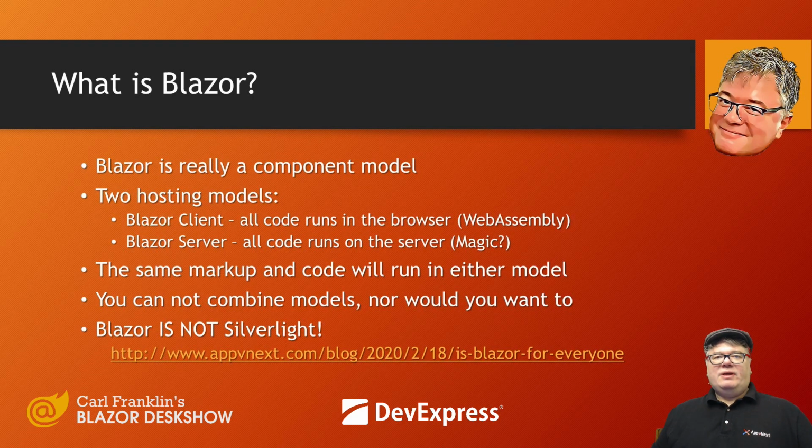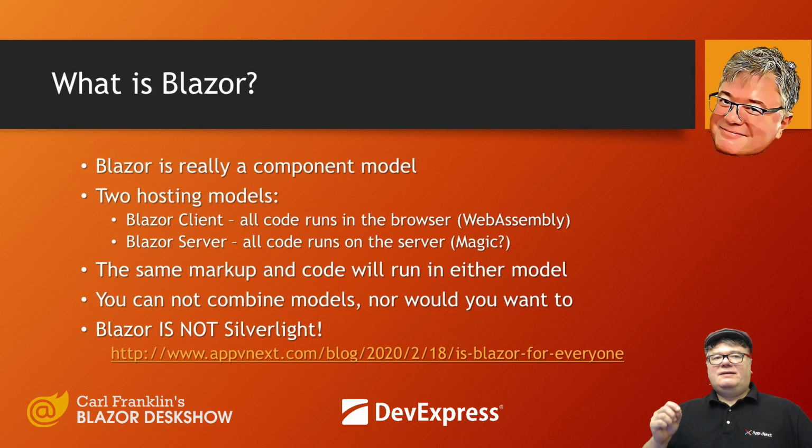And so that same markup, HTML markup with C# code, can run in one of two hosting models, but you've got to pick a horse. The first one is running in the browser on WebAssembly. The second one is you can actually run that same code on the server, and there's some magic that happens in the middle there, and we'll talk about what that is.